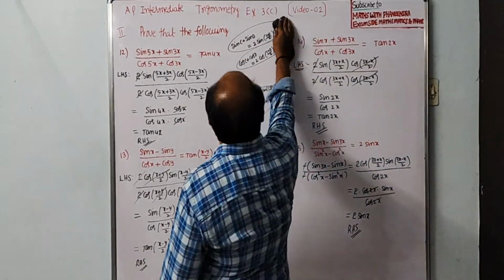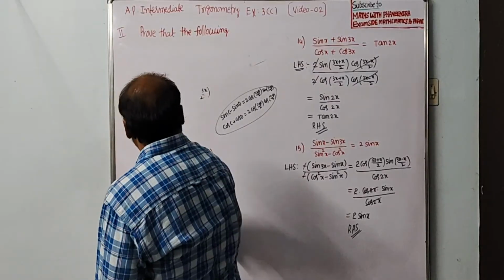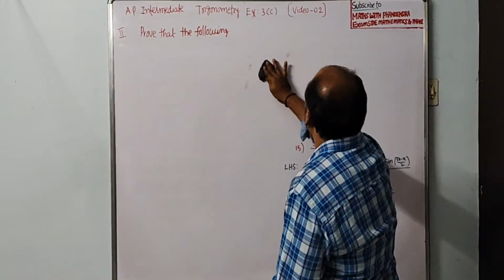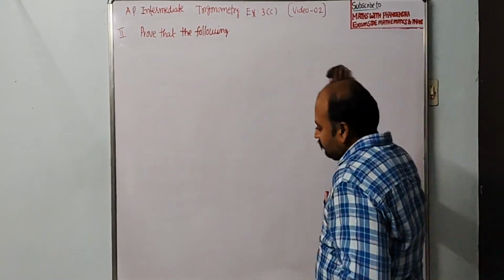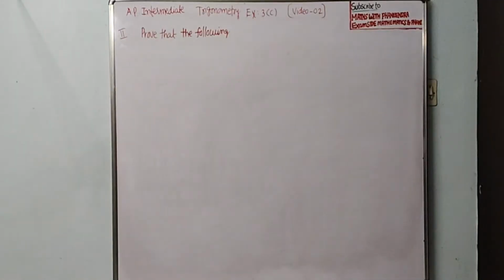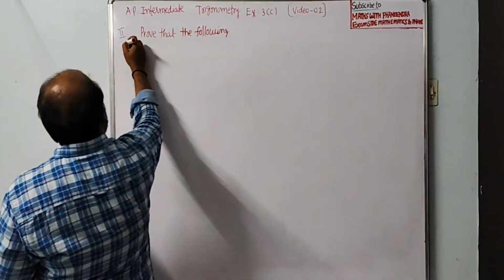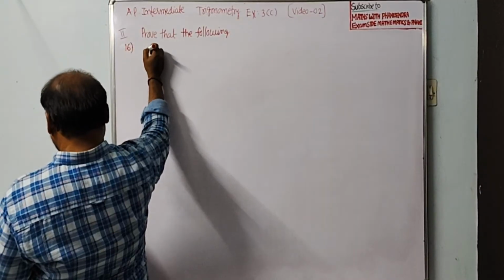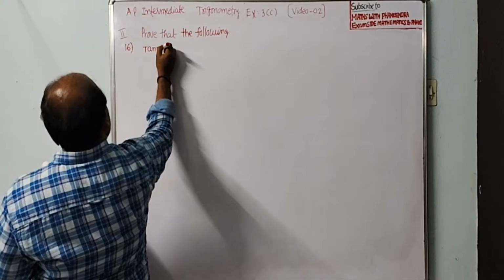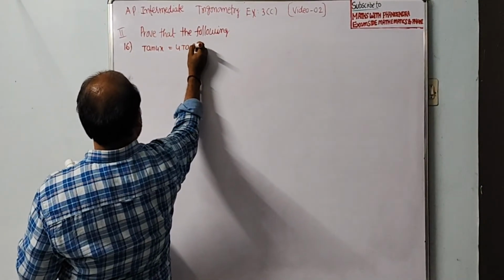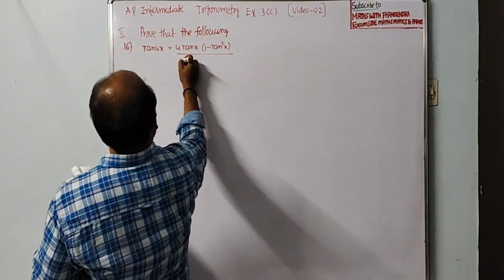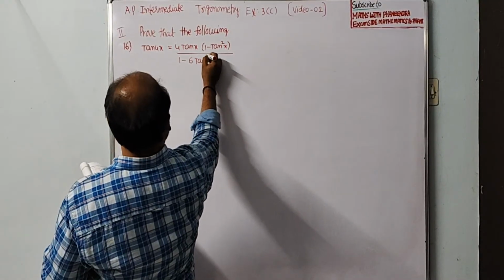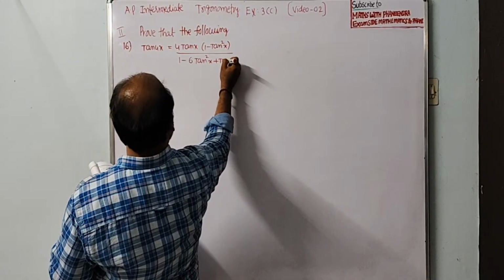Okay, students, we'll move to the last two questions. Question number 16: tan 4x is equal to 4 tan x into (1 minus tan square x) divided by (1 minus 6 tan square x plus tan power 4 x).